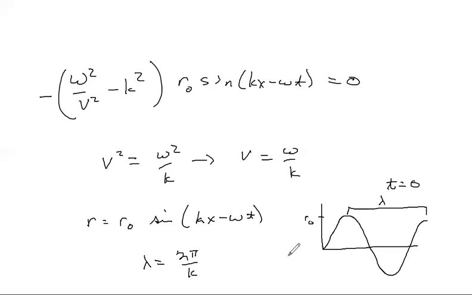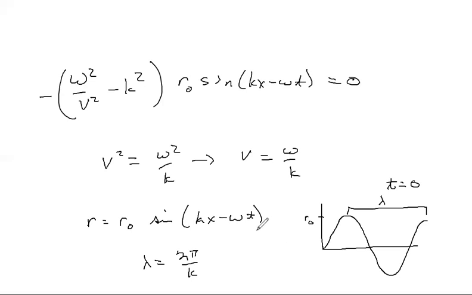So the wave number is inversely related to the wavelength. The larger k is, the larger this coefficient is, it means you basically need to make smaller steps in x to get a repeating pattern. So the wavelength is smaller. So the bigger the k is, the smaller the wavelength.